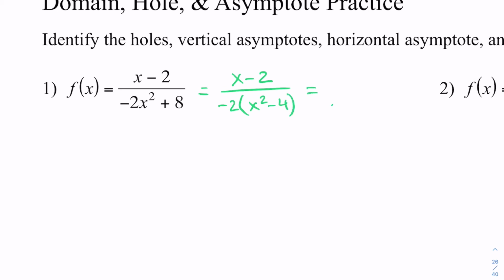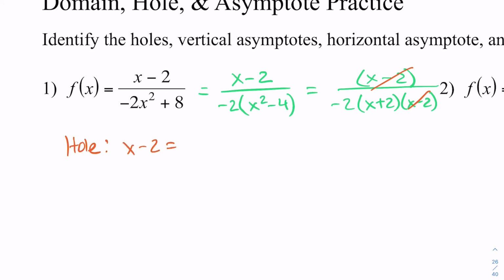And don't forget, this will factor into x plus 2, x minus 2 over x minus 2. So here we go. There's a hole right there. A hole happens when x minus 2 equals 0. So x equals 2. That's the hole that I have.